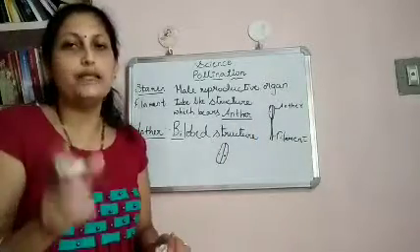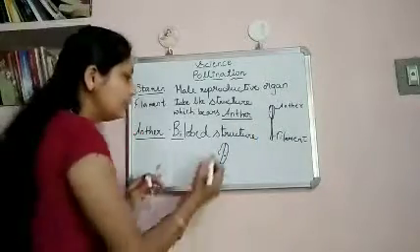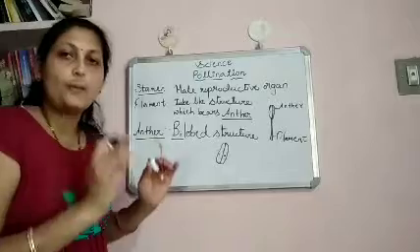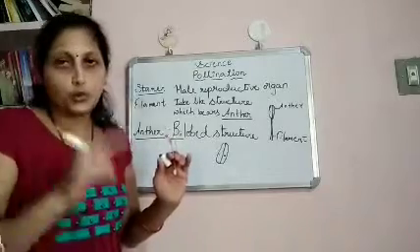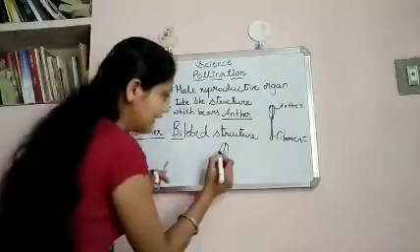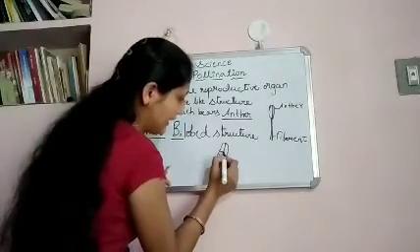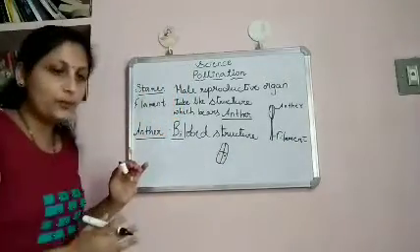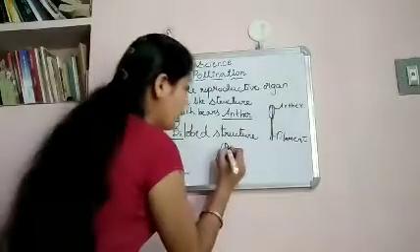Bilobed means 2 lobes, and each lobe is divided into 2 compartments. It is further divided into 2 like this. Each lobe has 2 pollen sacs.